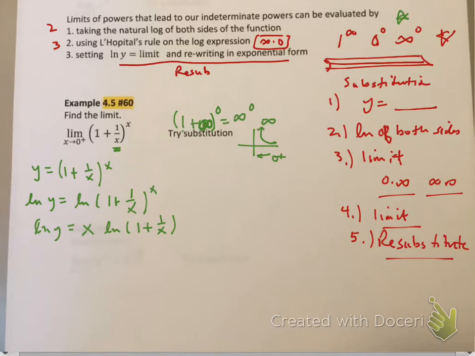When I take the natural log of both sides, we're going to have to rewrite using the third property of logarithms. So there's an extra step there, I guess. I'll leave that up there, but when you take the natural log of both sides, eventually you're going to have to rewrite that using the third property, and this is what I did from here to here, the third property of logarithms.